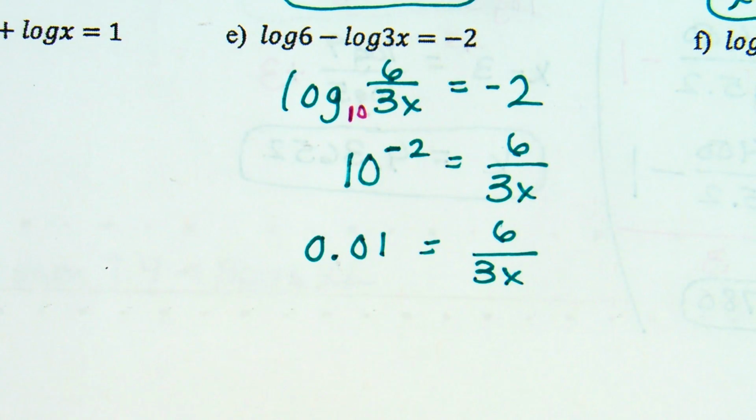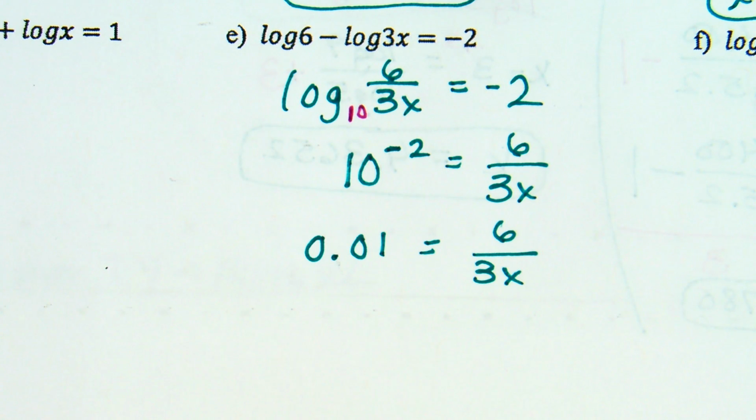I see a fraction. Even worse is that the x is in the denominator of the fraction, but that's okay. How do we get rid of a fraction? Allie? Multiply by what? Not 6. The 3x. Multiply by whatever the denominator is. Okay? I know we'd rather just multiply by a number because that seems more normal, and it is.